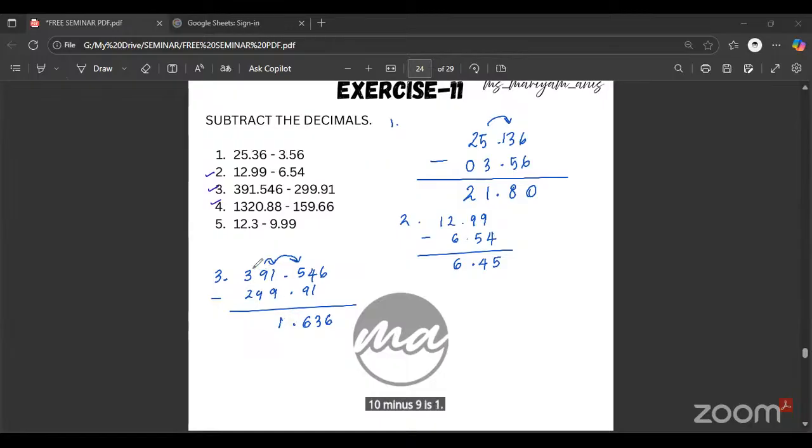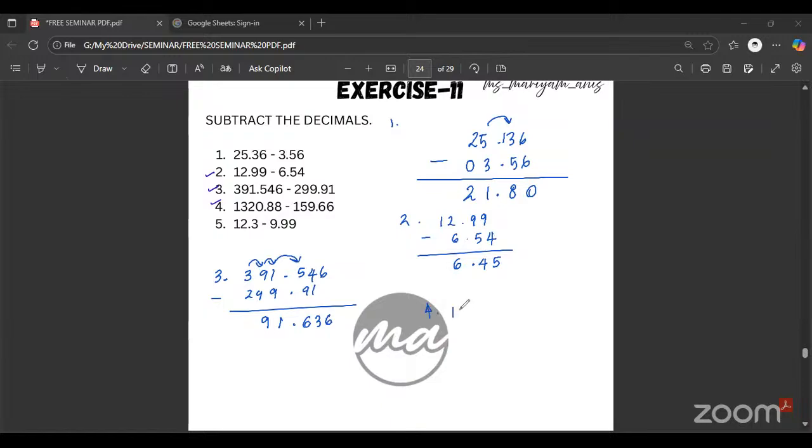Here it's an 8, you take 1 from here. It's 18 minus 9, which is 9. Here there is 2 minus 2, which is 0, which is 91.636. Got it? Yes, miss.